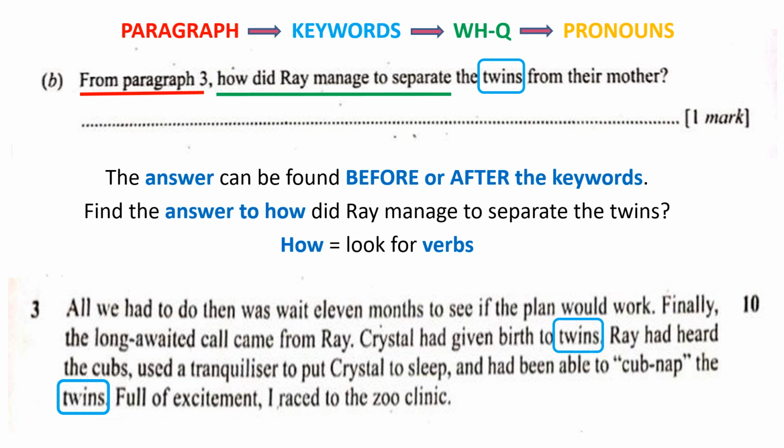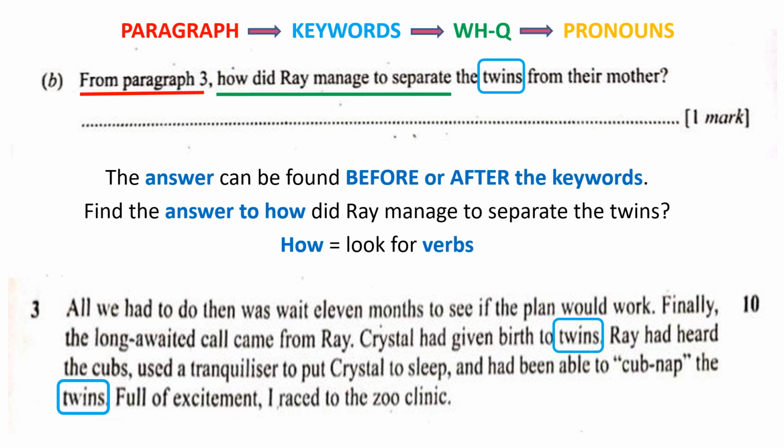So let's see. Before the first twin: Crystal had given birth to twins. Or let's look at the sentence before that: Finally, the long-awaited call came from Ray. So anything about separating the twins? No. Then let's look at the line after the first twin.